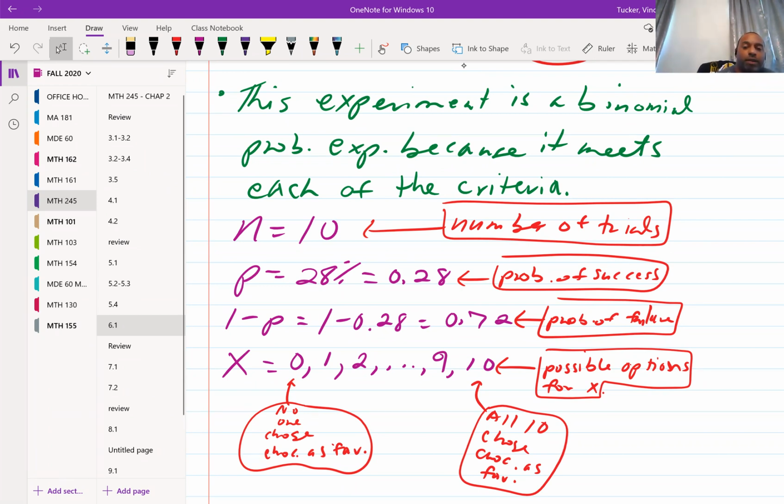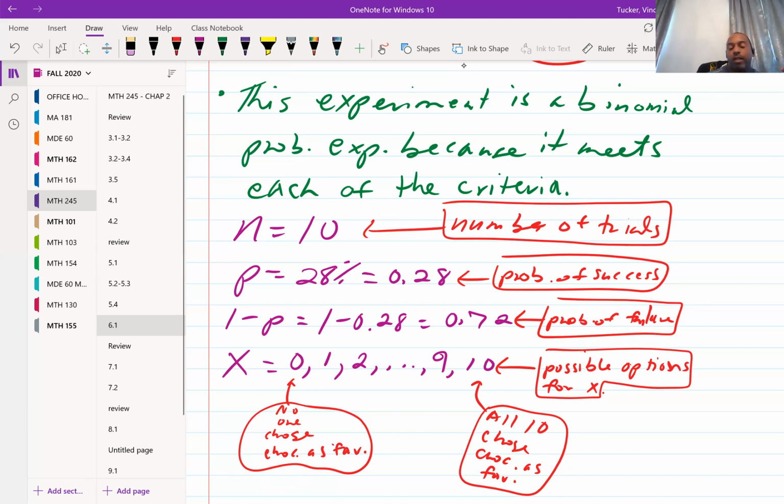That's the probability of failure. Don't forget, success is choosing someone that has chosen chocolate as their favorite, and failure is choosing someone that did not choose chocolate as their favorite. And then X is the number of possible successes during your trials. So it's possible that you could choose 10 people and none of them has chocolate as their favorite. So that's what 0 represents.